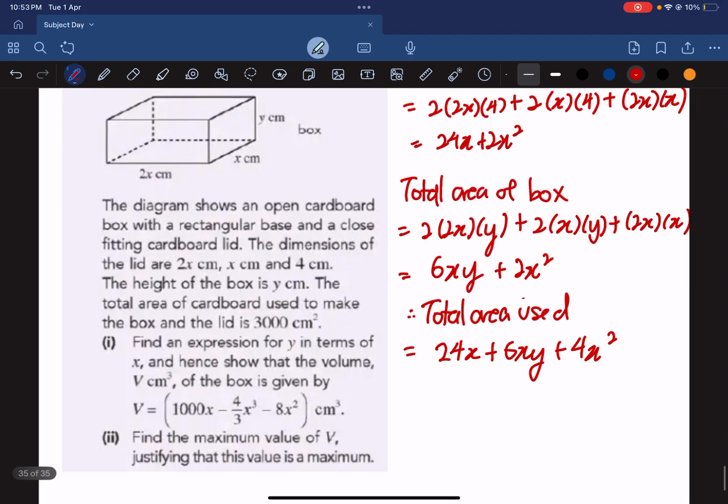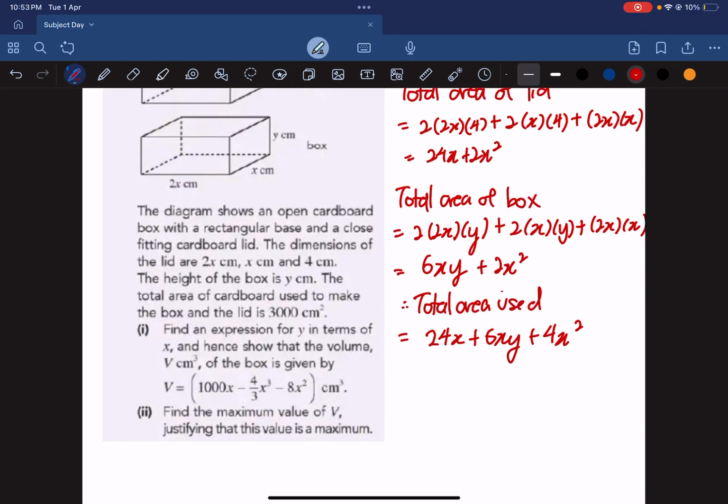The question tells us that the total area used is 3000 cm squared. So 24x plus 6xy plus 4x squared, this whole thing is equal to 3000.